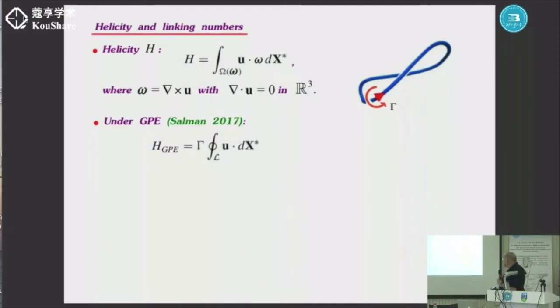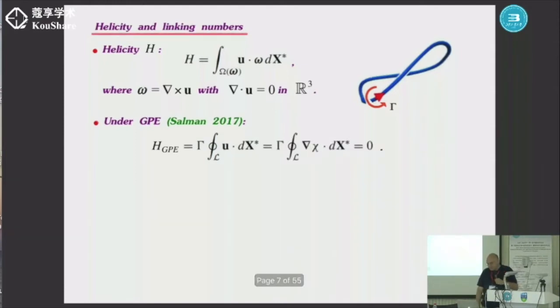Under GPE, this can be reduced to a simpler form, because the vorticity is a delta function on the null lines, and so it can be expressed as the circulation gamma times an integral along the axis of the defects, if there are any.